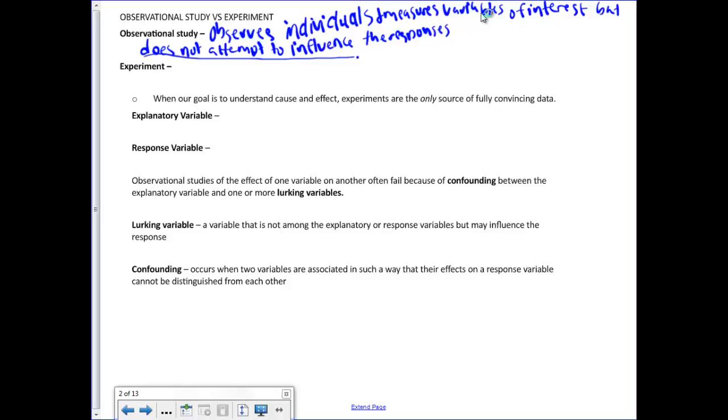Experiment, on the other hand, this one's shorter. What's an experiment do?